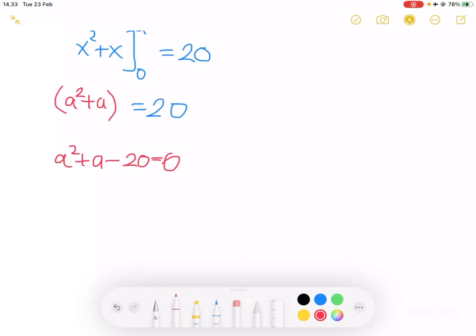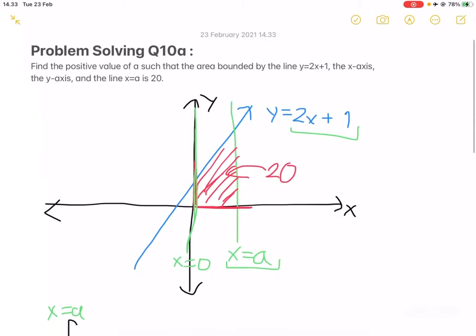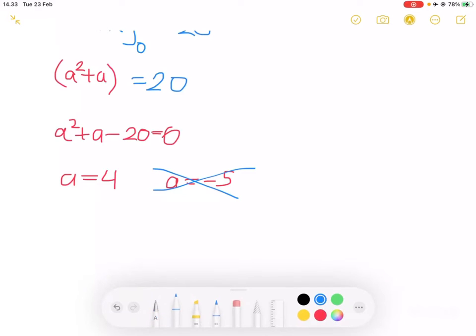What you'll get is there are two values: a equals positive 4 and a equals negative 5. However, we're going to reject a equals negative 5 since the question says we're only going to deal with positive values of a. So therefore, the final answer for this is a is equal to 4.